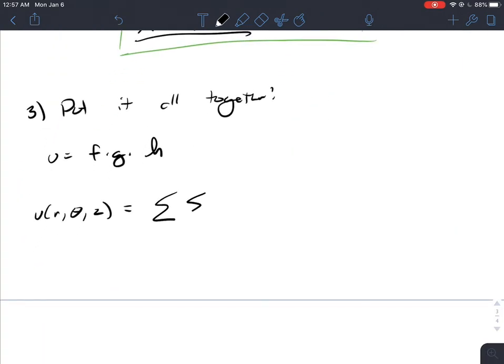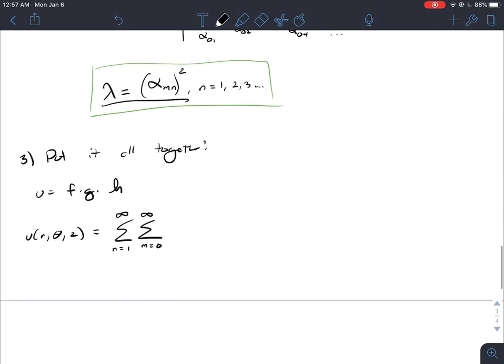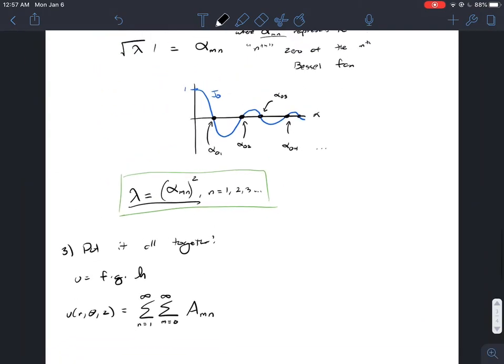So let's just put everything into one big summation. So n is equal to 1 to infinity, and m can start from 0. So m can start from 0, so we're going to have technically a separate term, but we can just consolidate it all into this big summation. So let's call this big constant that survives every term a-mn, because it has a double dependence on the summation.